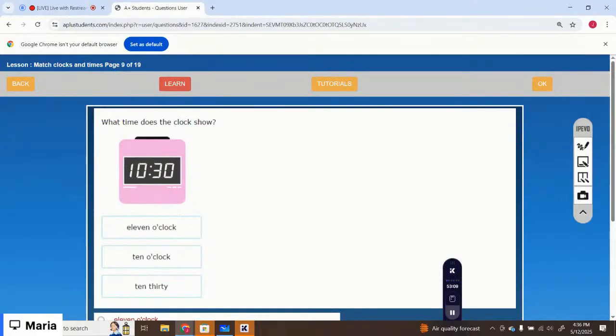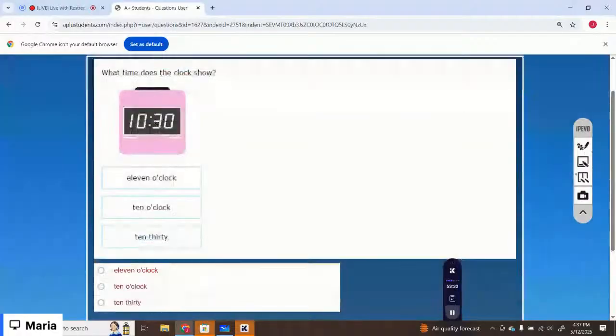What time does the clock show? The correct option is 10:30.